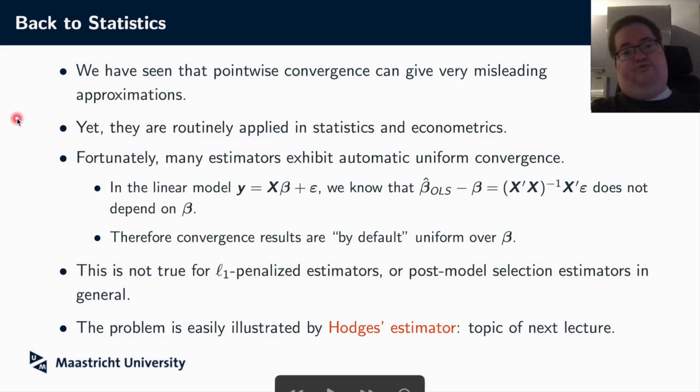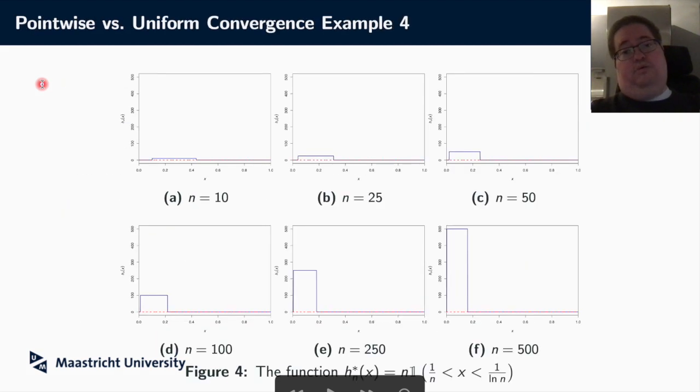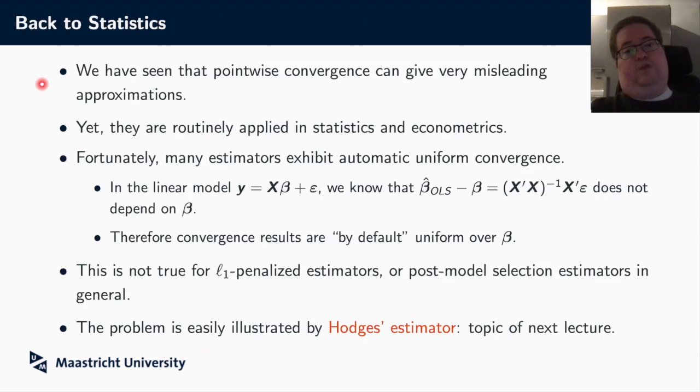So to round this part up, what we have seen is that pointwise convergence can give you very misleading approximations. We've seen in particular this one, which was really extremely bad. Yet this is the way we typically do our statistics and econometrics asymptotics.